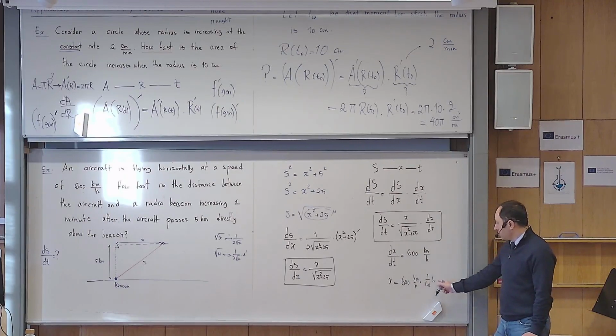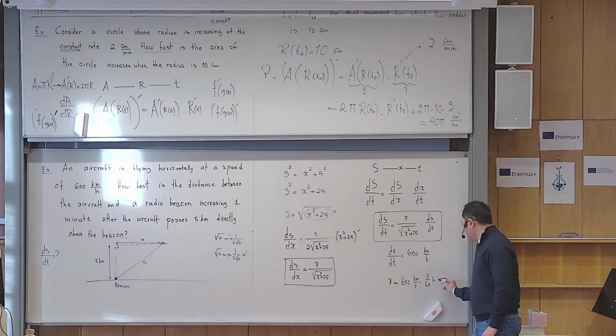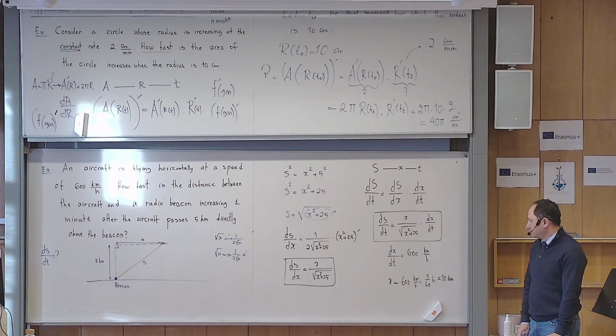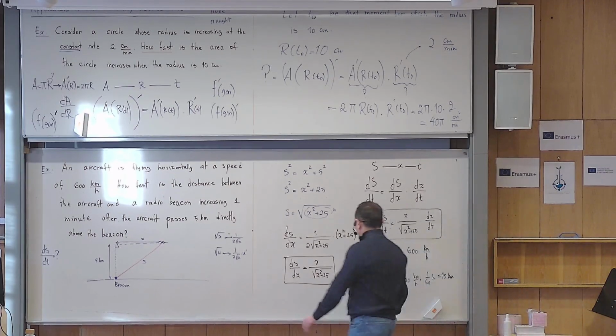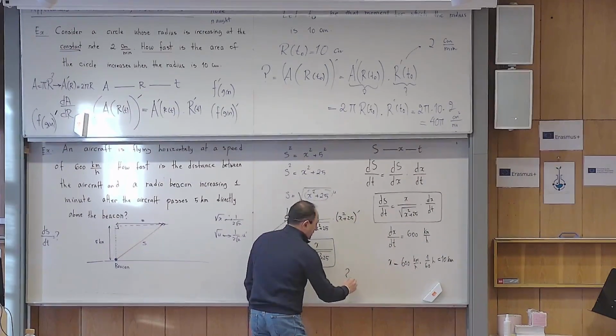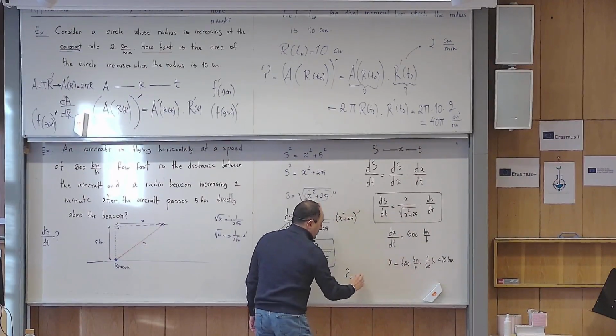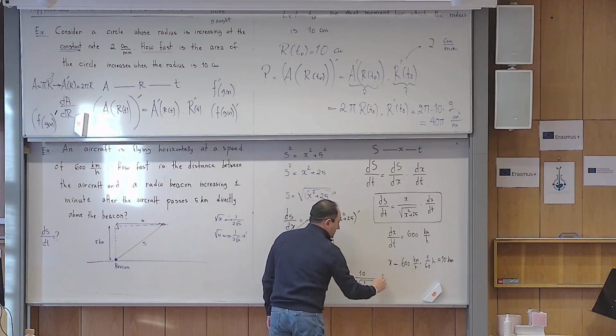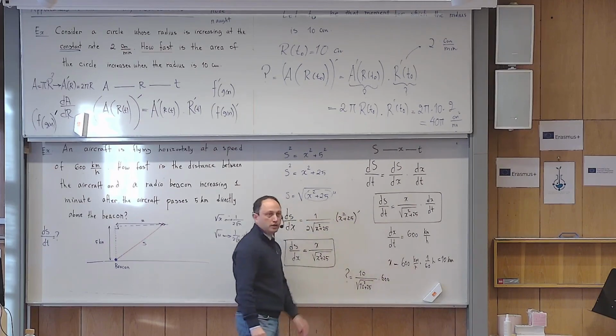You have to be consistent in your units. And then what happens? It becomes 10 kilometers. And then I put this back. So the question mark becomes, instead of x I put 10, 10 to the power 2 plus 25 under the square root, multiplied by 600 kilometers. And that is your answer.